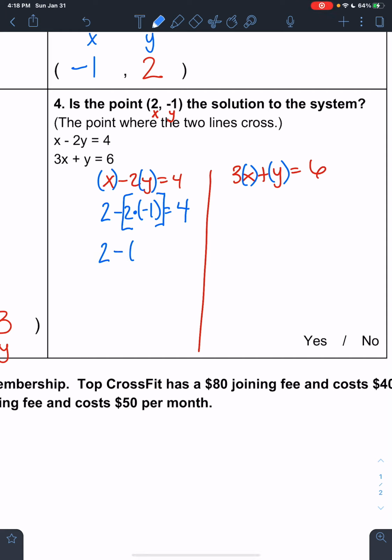If we have Top CrossFit, we can say that the total cost is going to be $80 plus $40, and we don't pay the $40 once, but per month. So we have to give a variable for how many months are represented.